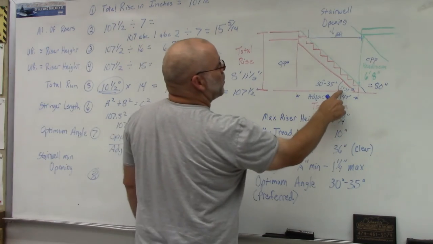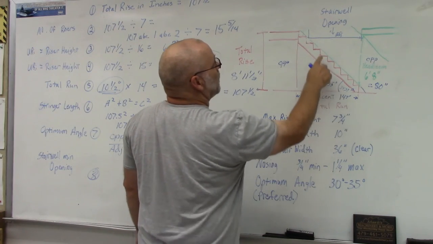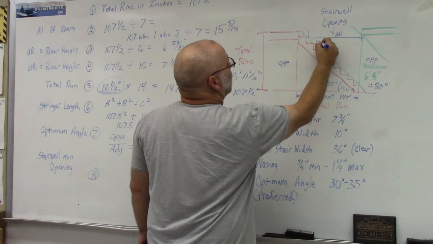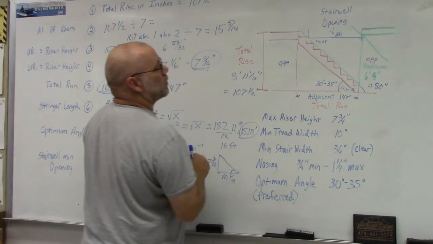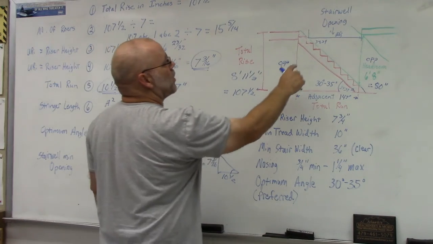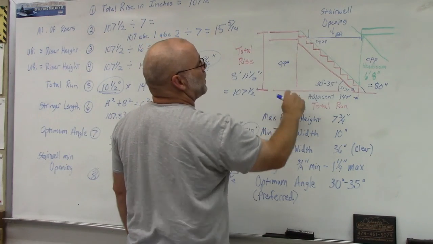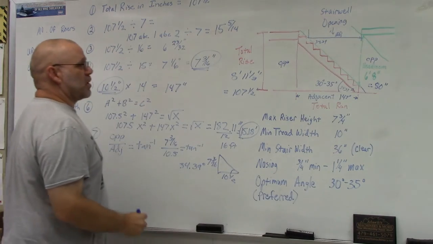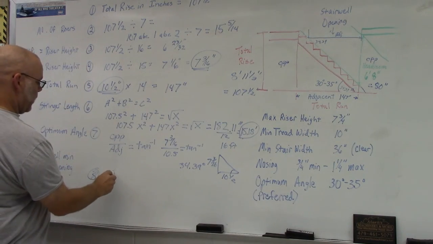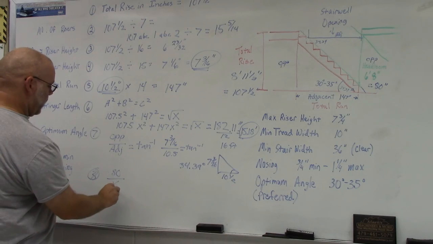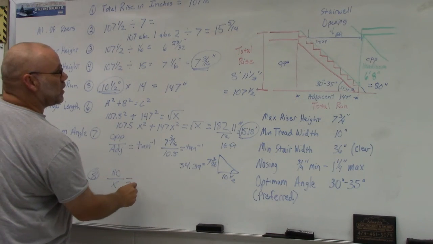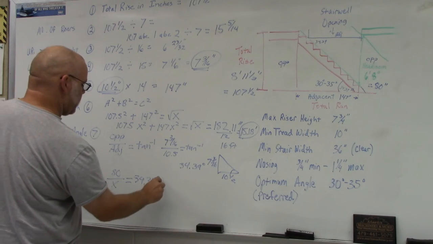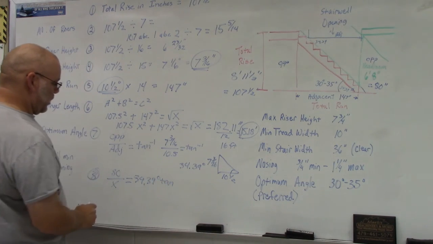Okay? So since this angle and this angle are the same, if you know your geometry, so this angle is 34.39 degrees, then this will be our opposite side and this will be our adjacent side. So we have 80 over x equals 34.39 degrees tangent.